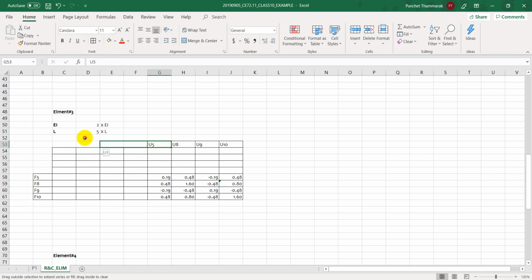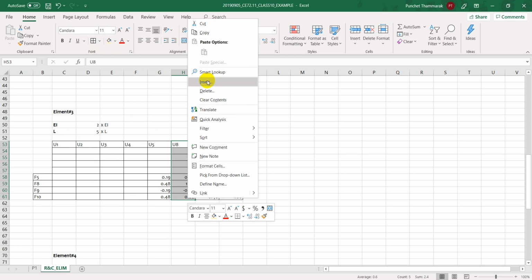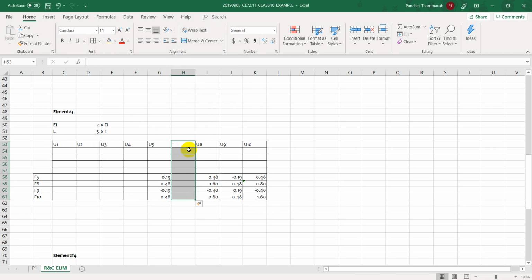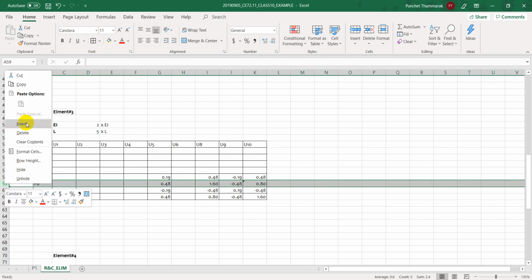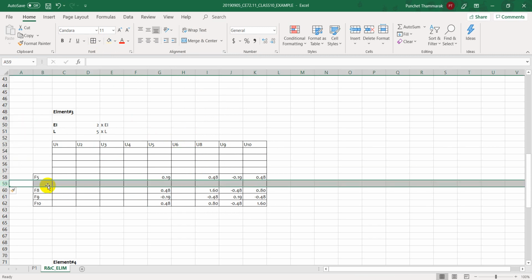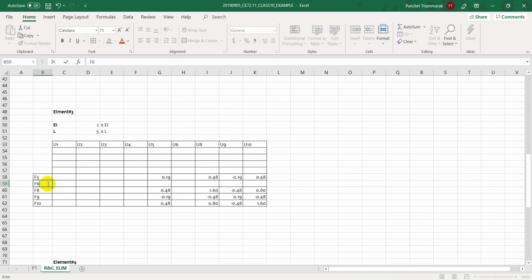U5, and then wait, we will fix the U6. Okay, this is U5. Actually we have U6, right? Insert. So you have nothing to do in here, and likewise insert. This is F6.